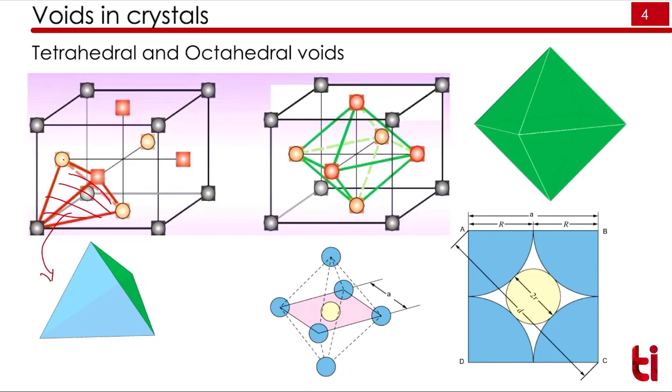Again, in FCC, if you count 4 atoms on the faces, 1 atom on the top side and 1 atom on the bottom side, so the number of atoms is 6, it will form an octahedron that will look like this. This picture has been shown again here.